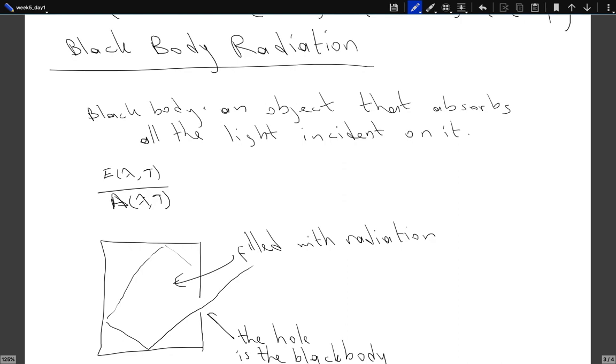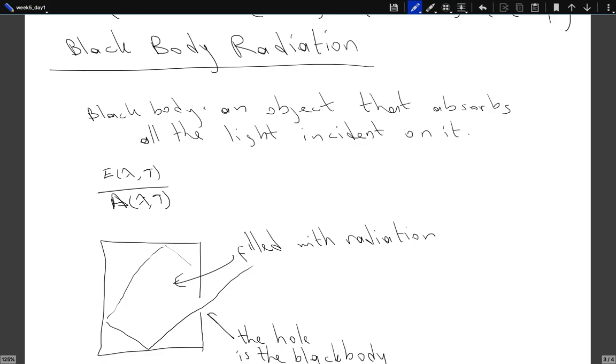One of them is if you just set A equal to 1, like the black body has A equal to 1, then when you calculate the emissivity of the black body, the spectrum that it radiates, its radiation spectrum, you will be obtaining this one. And so what you obtain is this ratio for every object.